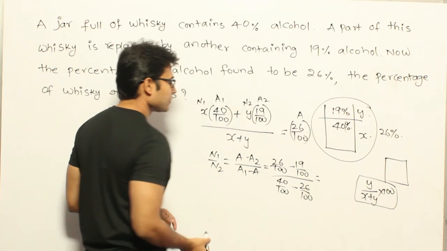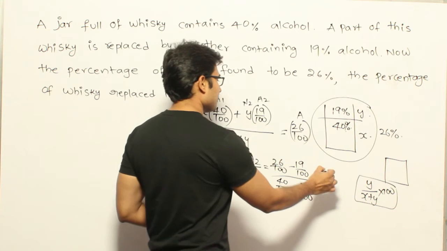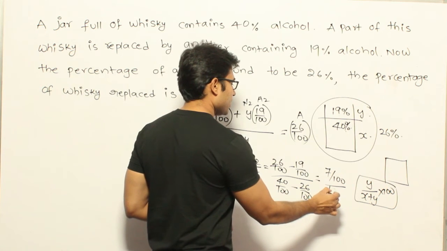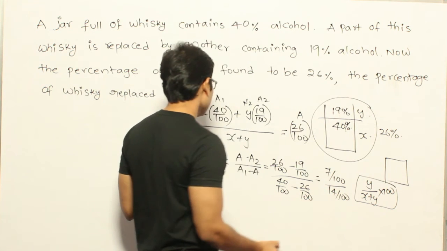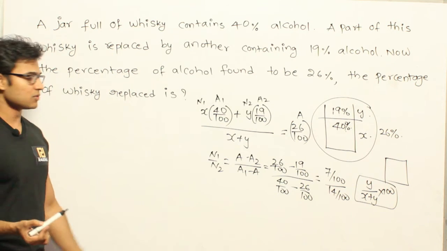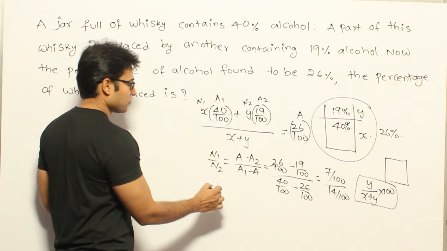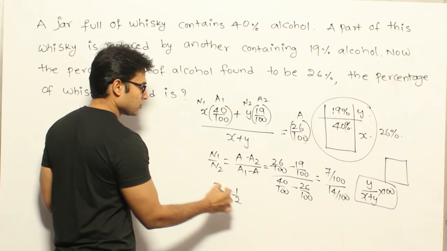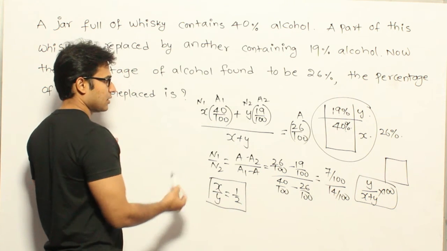So this is going to be 7 by 100 divided by 14 by 100. Therefore N1 is to N2 equal to 7 is to 14, which means 1 is to 2. So X is to Y equal to 1 is to 2.